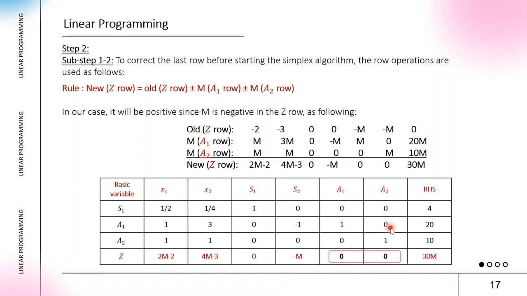This process yields a new Z row, as we can see here. After this process, the Z row has no artificial variable terms, which is required for the simplex algorithm to proceed correctly.